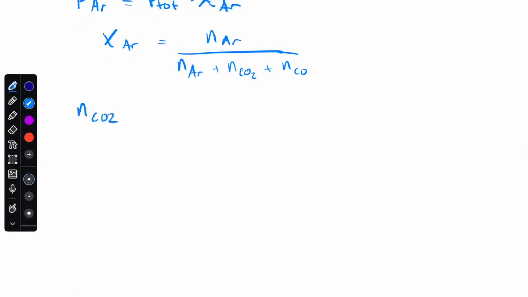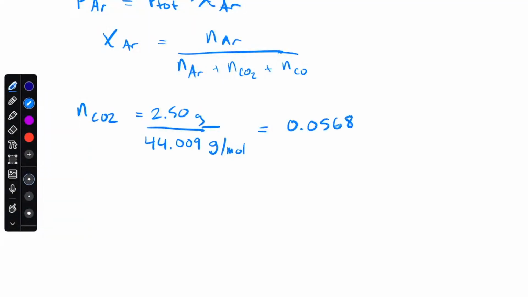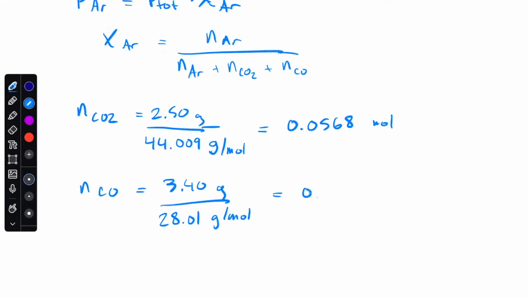The moles of CO2 is the mass of CO2, which is 2.50 grams, divided by the molar mass, which is 44.009 per mole, is 0.0568 mole. Our moles of CO are 3.40 grams, divided by the molar mass, which is 28.01 grams per mole, 0.1214 mole.